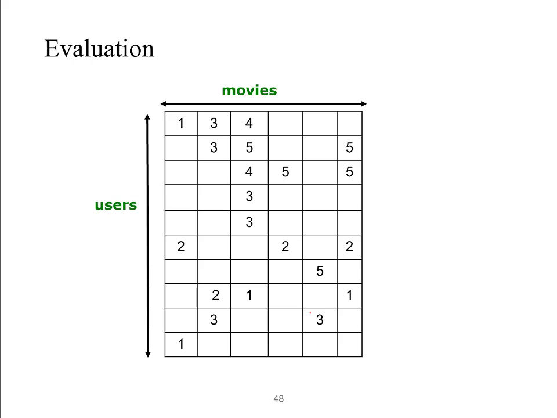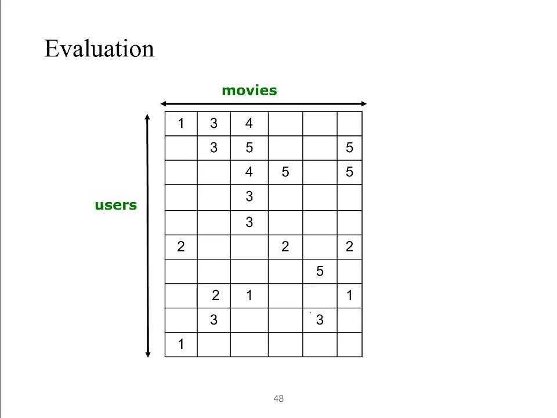So in this case, the commonly used way is to reserve a part of the data for testing. For example, assume this is all the ratings that we've obtained so far. Although it looks small, because it is just an example here.